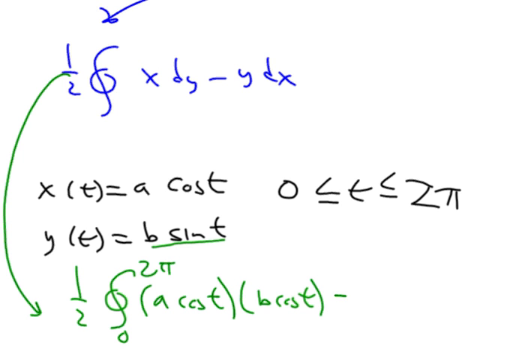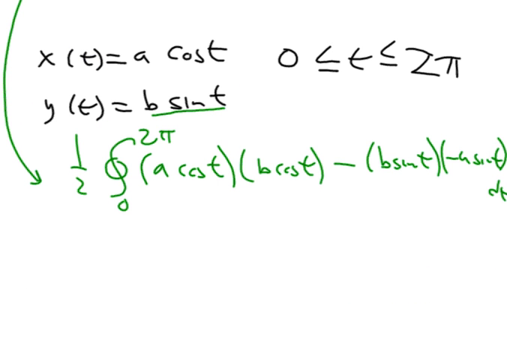Okay, there we go. Minus y, well, y is b sine t, times dx, which would be negative a sine t. And this whole thing is being multiplied by dt.